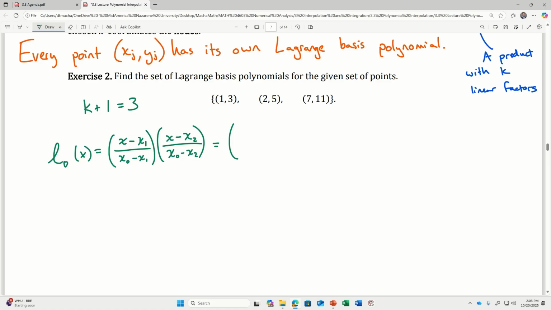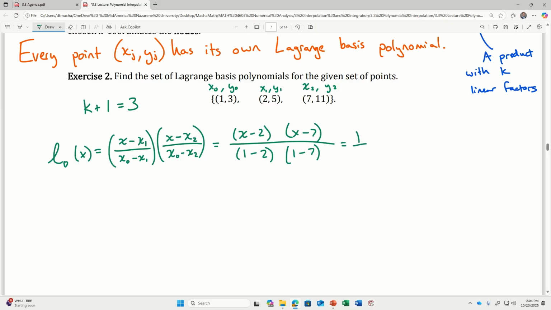Now, x1 is going to be the number 2. So I'm going to write x minus 2 divided by 1 minus 2, and then multiply by x minus 7 divided by 1 minus 7. 1 minus 2 is negative 1, 1 minus 7 is negative 6.